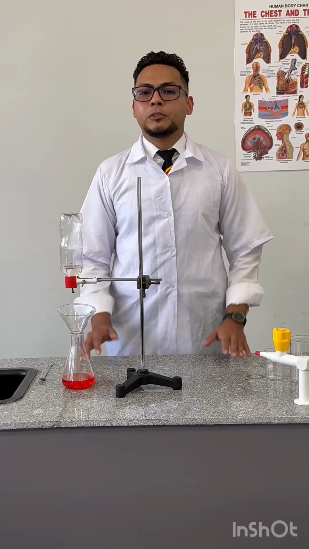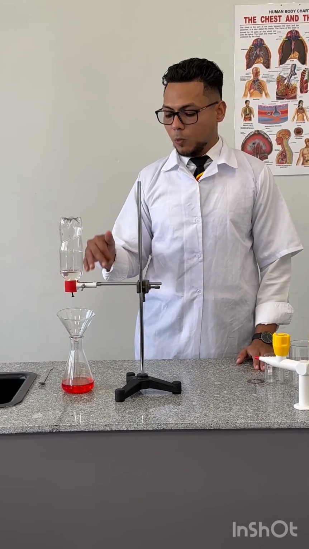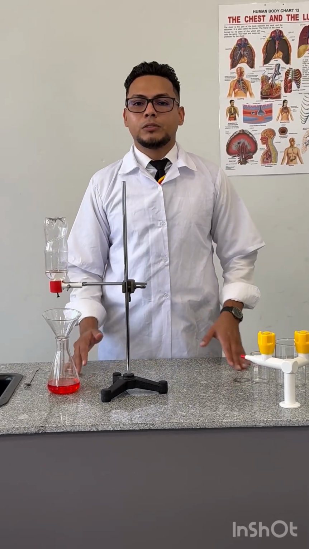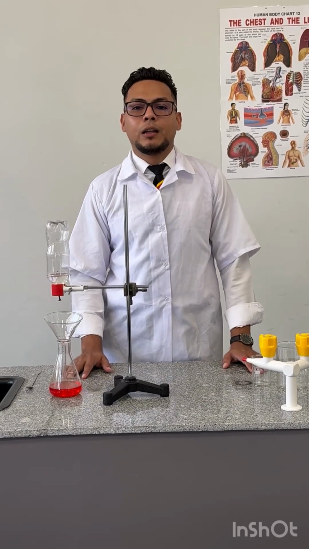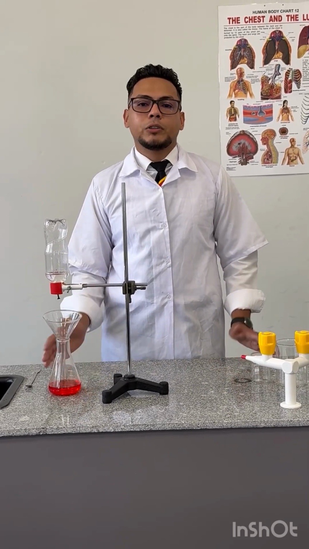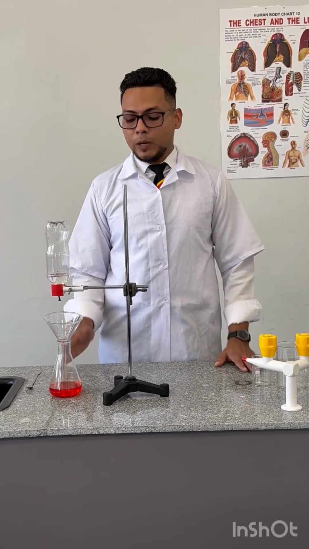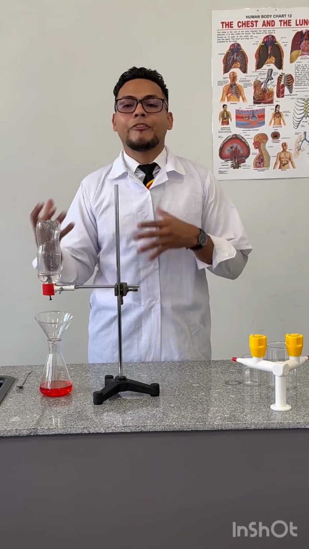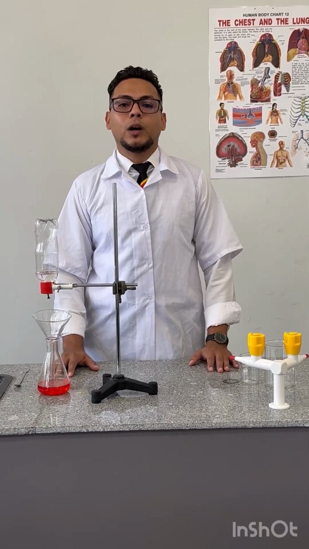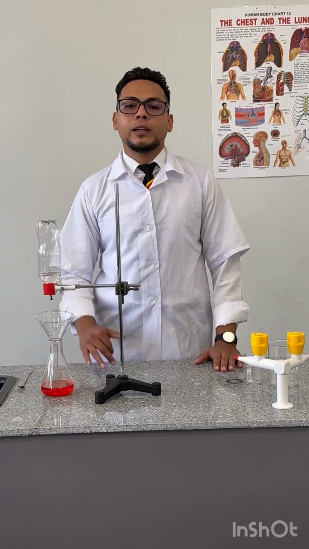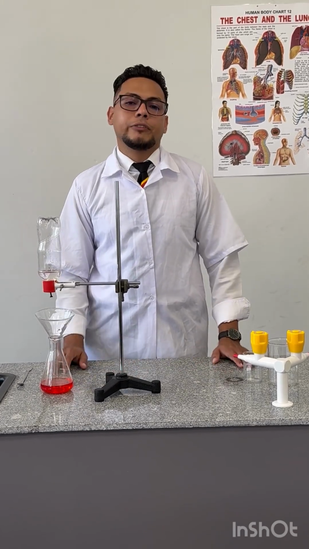For example, in this experiment, we have the separation of the water and the kerosene based on their densities, without any chemical changes, right? Adding food coloring to the water changes the water's appearance, but does not modify the composition of the water. Other examples are melting ice into water or breaking a piece of glass.